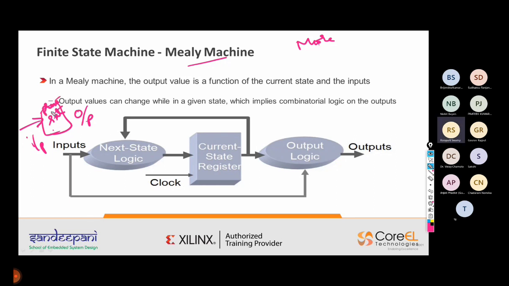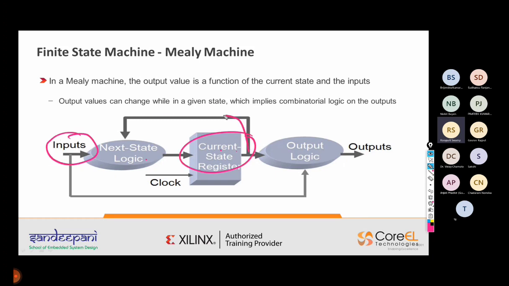That is, the state value or the behavior of the system will also decide what the output is. In the case of Mealy, for a system to move from one state to the next state, it depends on the input and also on where my state is. So based on the current state of the system and also on the input, the next state will be decided, either in Mealy or Moore.